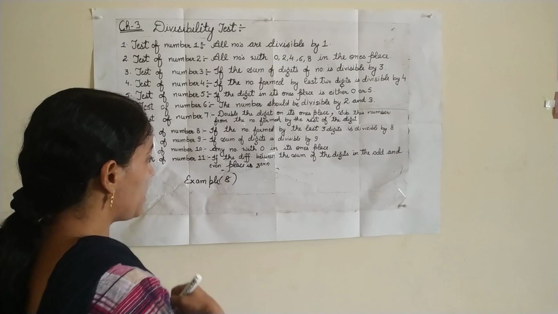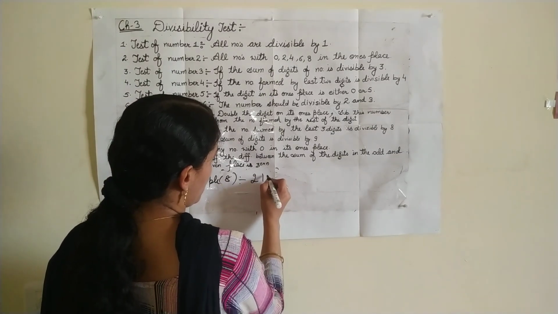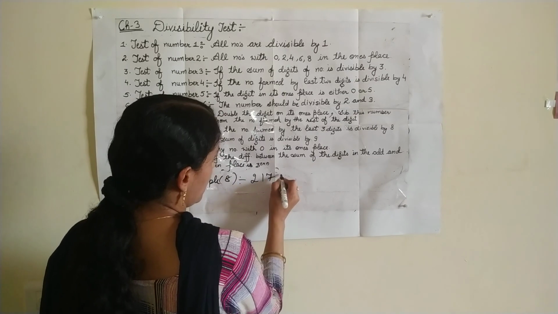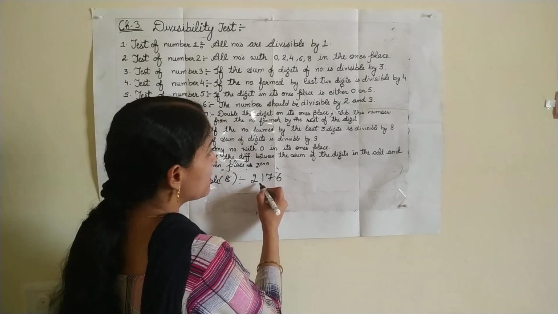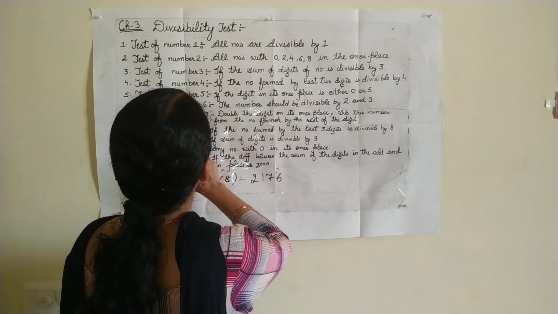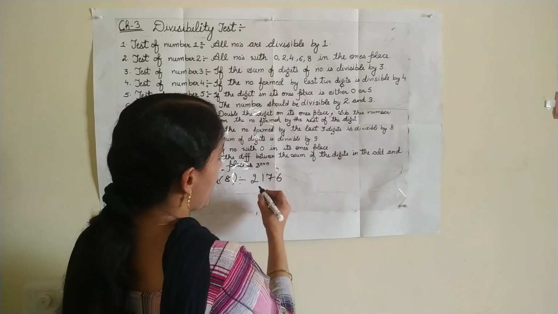For example, I am taking the example 2176. But what is the rule? If the number formed by the last 3 digits is divisible by 8.